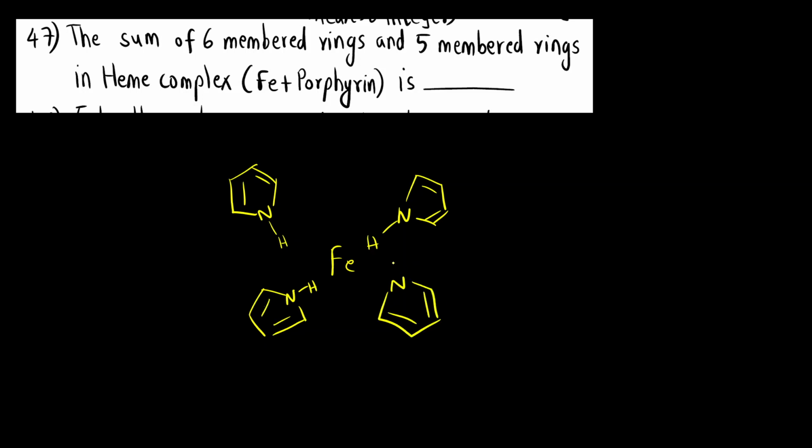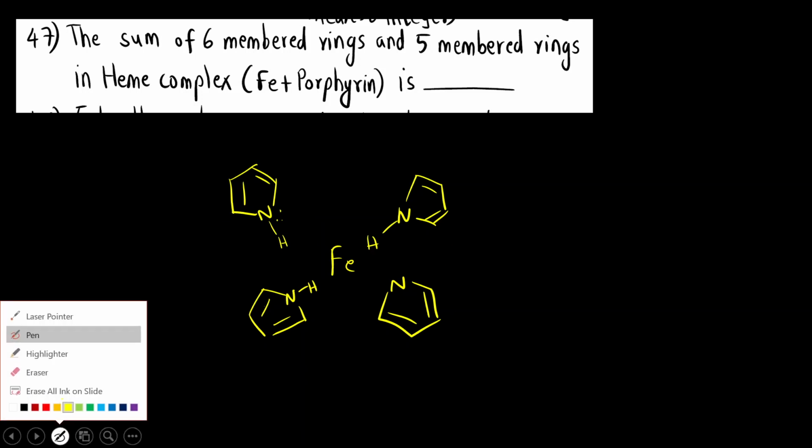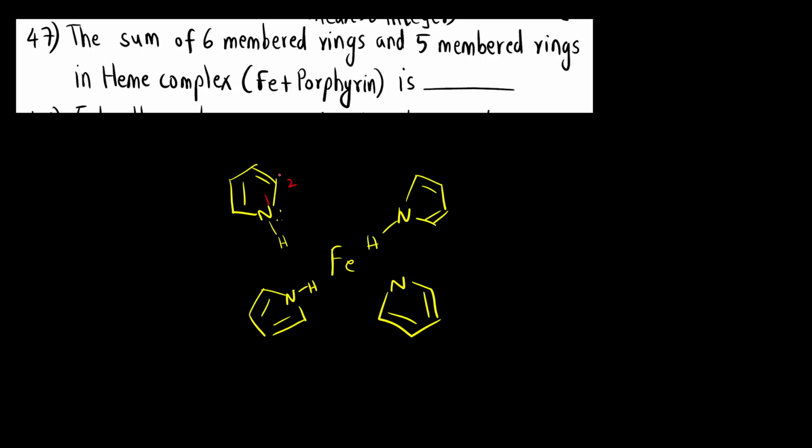Because we just want to see the total number of rings. Now after drawing the 4 pyrrole rings, join this. We start numbering from here: 1, 2, 3, 4, 5. Join the 2 and 5 positions of all the rings. How? Let us see.